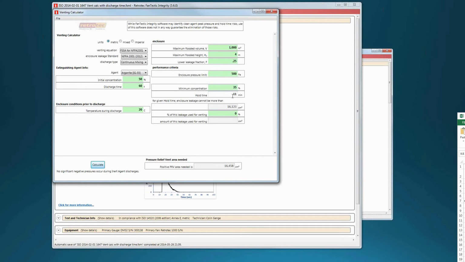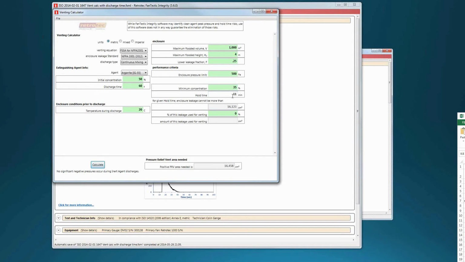Now, we have a really different philosophy between one group, primarily in North America, that says, well, we can rely on enclosure leaks, to the group in Europe who primarily say that they cannot rely on enclosure leaks. Somebody might magically come along in the middle of the night and seal them all up, although I've never seen that actually happen. They want to rely on a pressure relief vent, so they ignore the enclosure leaks.